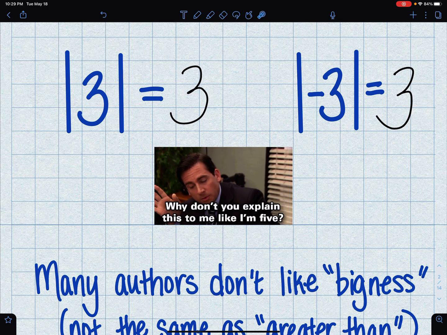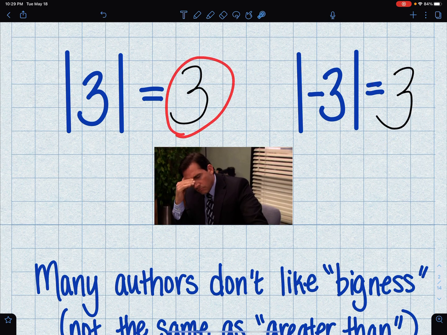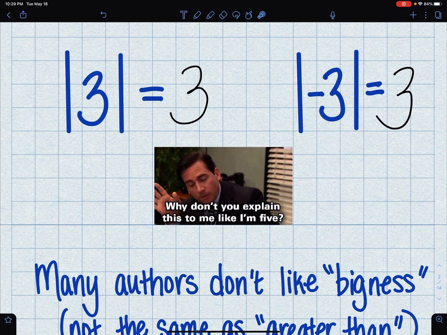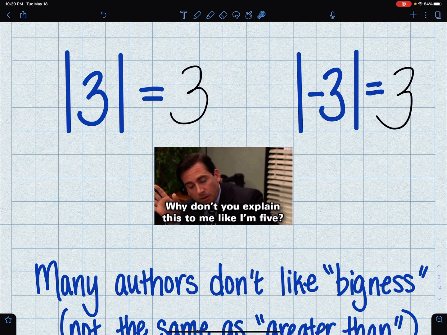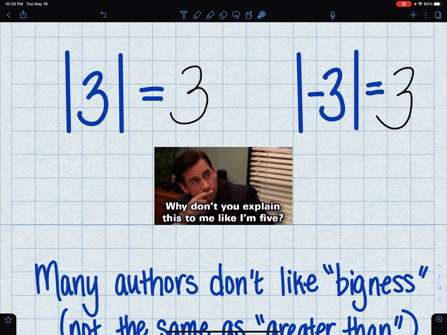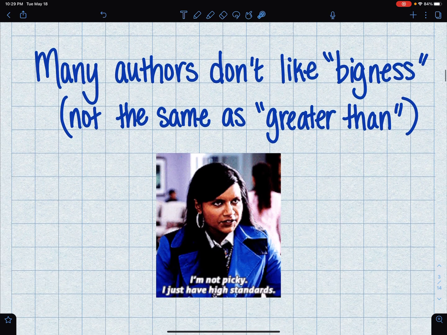Like if you're $3 in debt or you're $3 positive, the magnitude of the numerical value is the same. The difference is just the positive or negative. So because some authors don't like it, there is a formal definition, and I'll go over that formal definition here in a second.